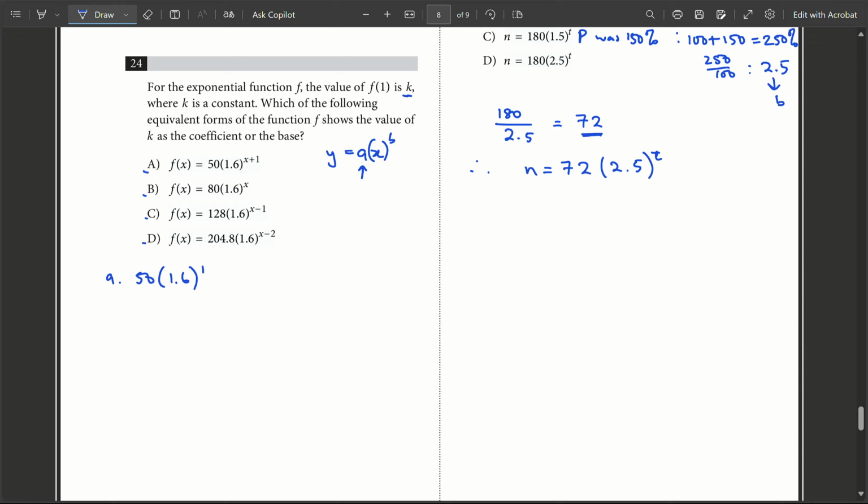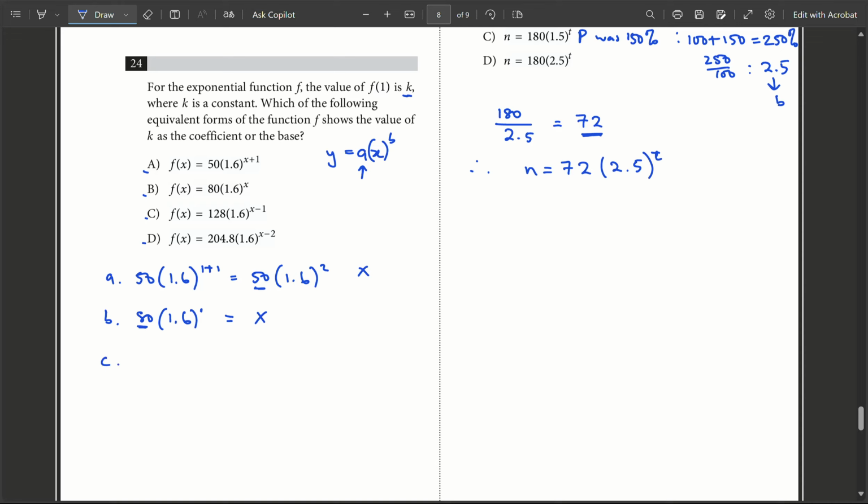If we have 1 plus 1, that gives us 50, 1.6 to the power 2. This whole expression is not going to give us 50 as the answer. Okay, so A is out, and then if we try to substitute with B, we have 1.6 to the power 1. Again, if we punch this in our calculator, we're not going to get 80 as the answer, so this is not correct.